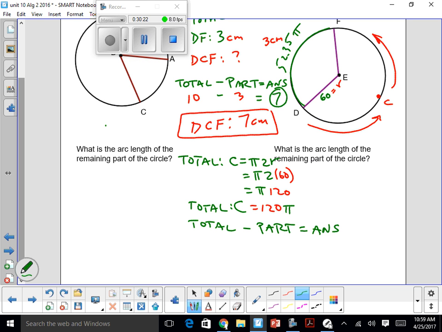Total 120 pi minus 52.36. Is it correct? Oh yeah, pi.